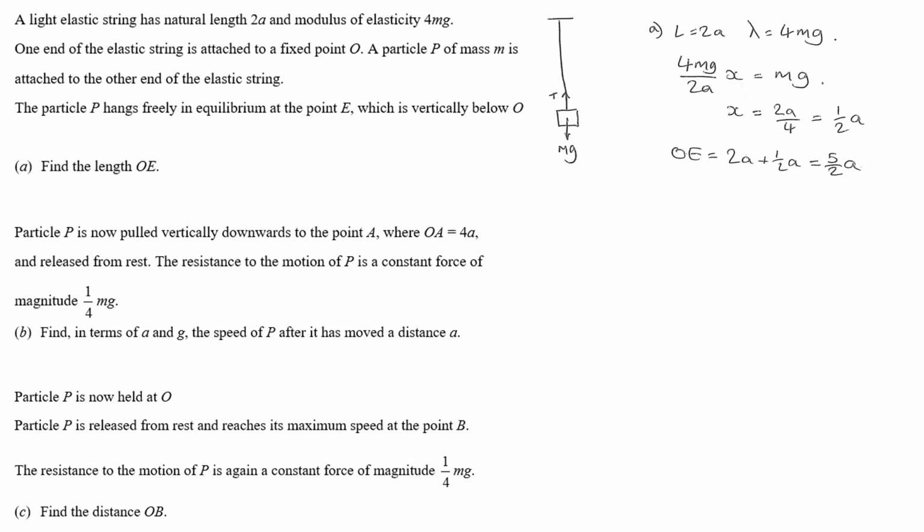When it's in equilibrium, the forces are balanced, so the tension is equal to the weight. I rearranged that, simplified it to make x the subject, and they want the distance from O to E. So the natural length is 2a, plus a half a is 2.5a, or 5 over 2 a.